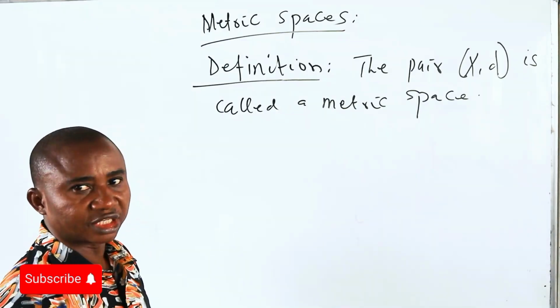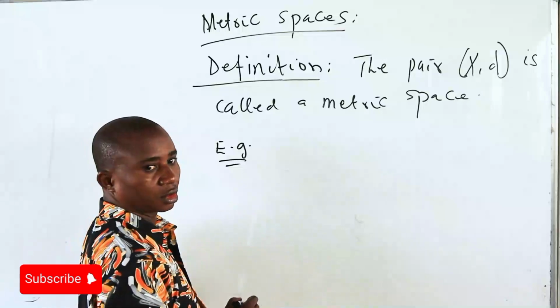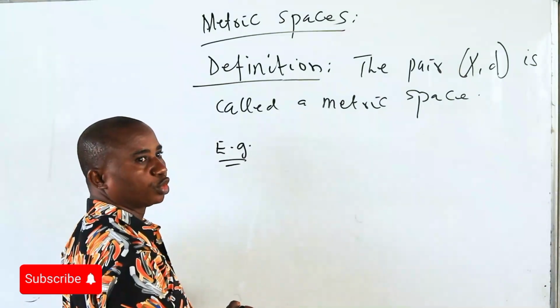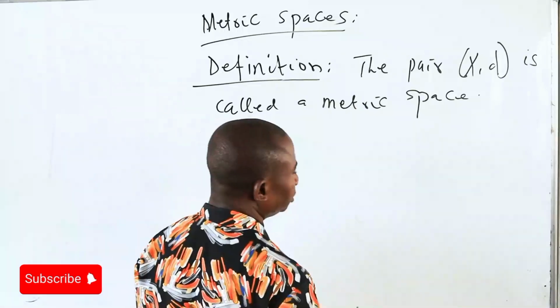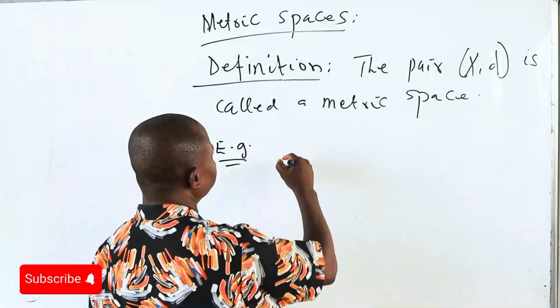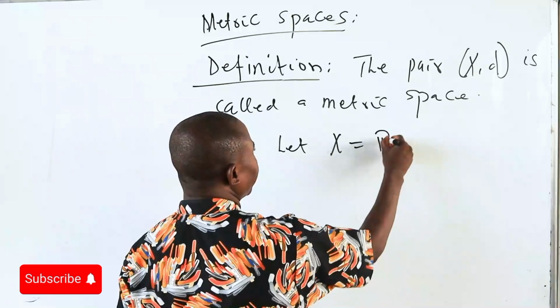We take some examples. We start from the very simple ones we know about, and then we graduate to more interesting examples. Let X be the set of real numbers.